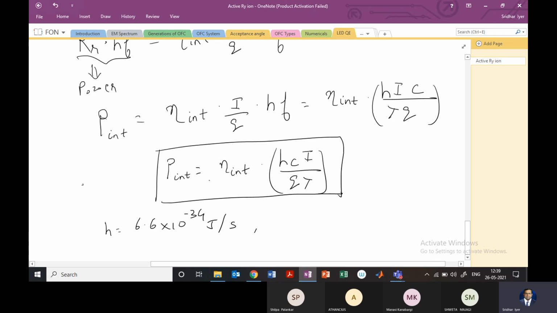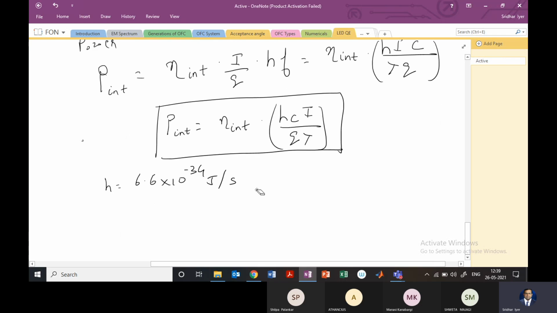Here we'll have to be a little careful, because not all internally generated photons will be available at the output of the device. So there can also be an external efficiency which we can calculate.